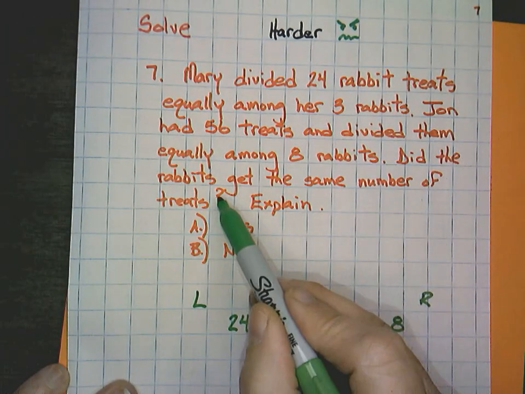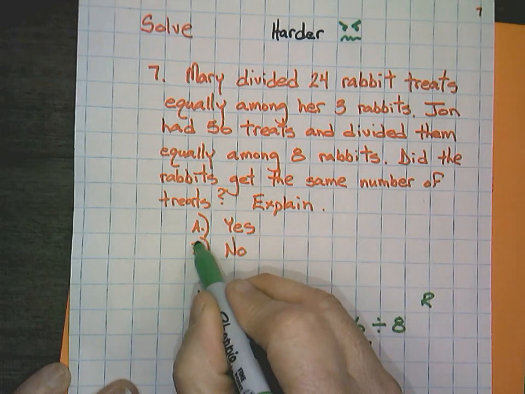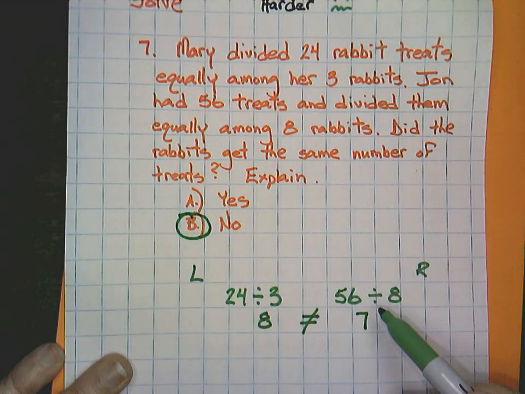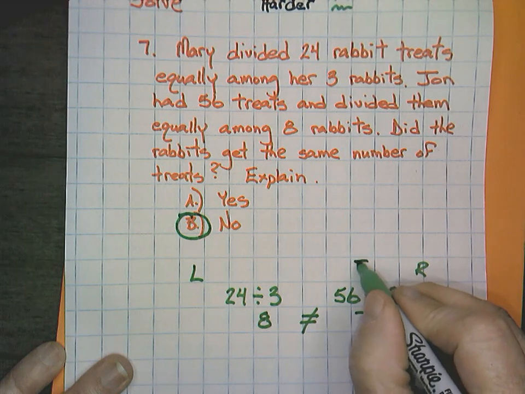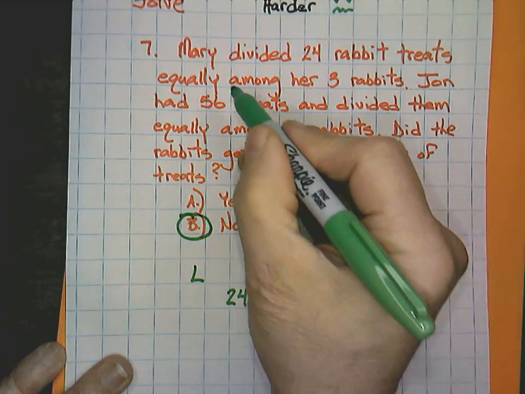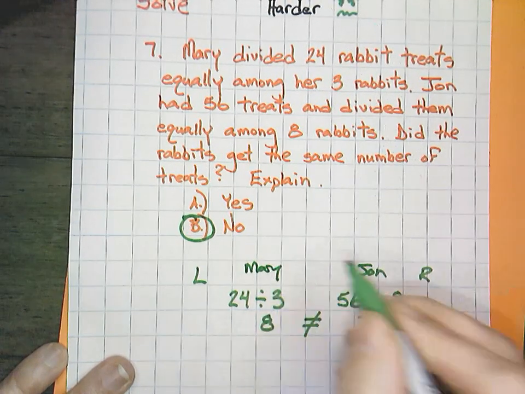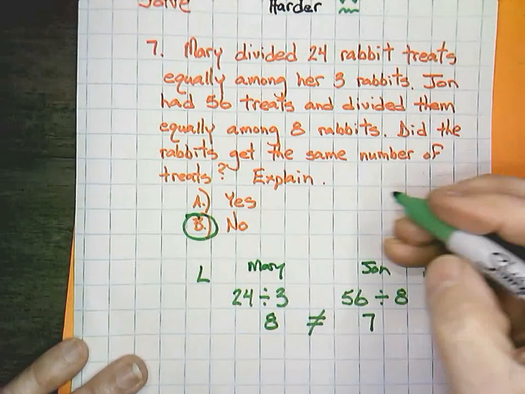So, did the rabbits get the same number of treats? The answer is no. On this side, I think that was John, right? So John's rabbits only got 7, and Mary's rabbits got 8. So to explain, you could keep it simple.